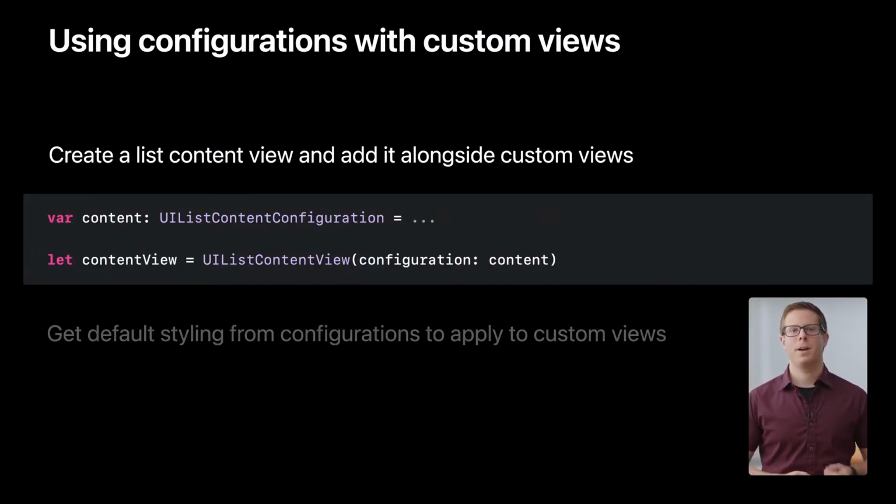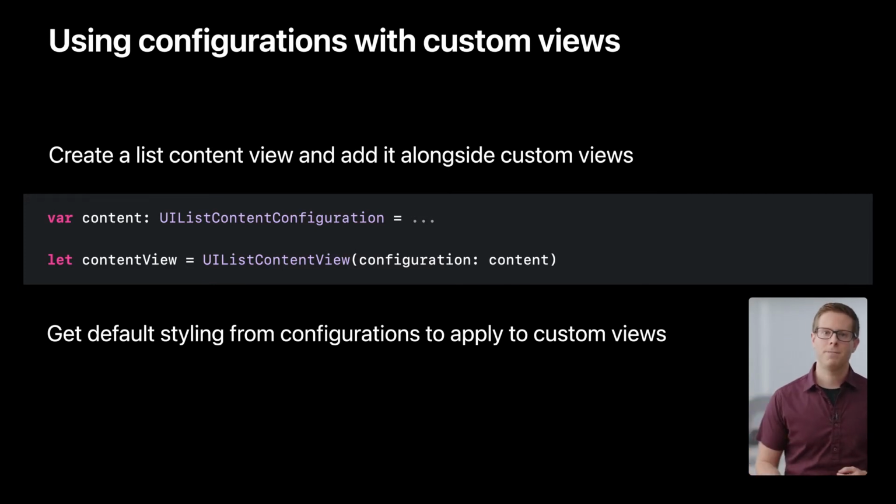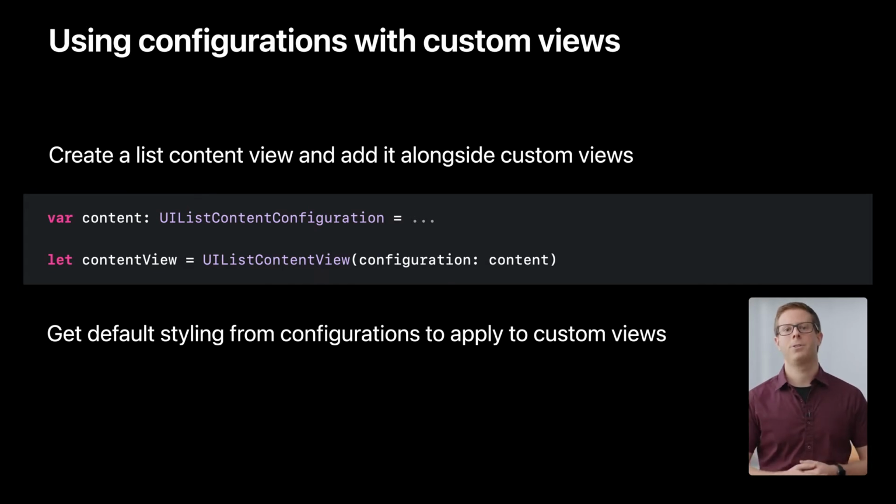Even when you're building a completely custom view hierarchy inside your cells, you can still use the system configurations to help. Because configurations are so lightweight, you can use them as a source of default values for things like fonts, colors, and margins that you copy over to your custom views, even if you never apply the configuration directly itself.